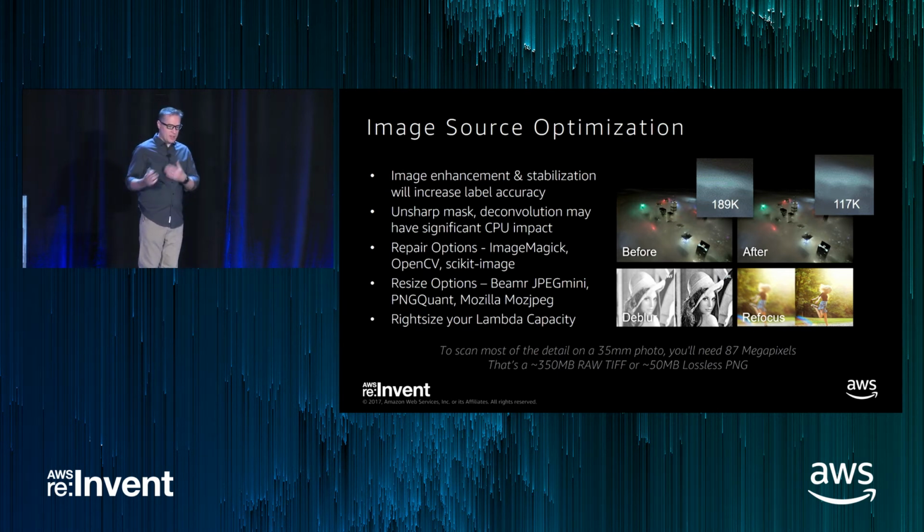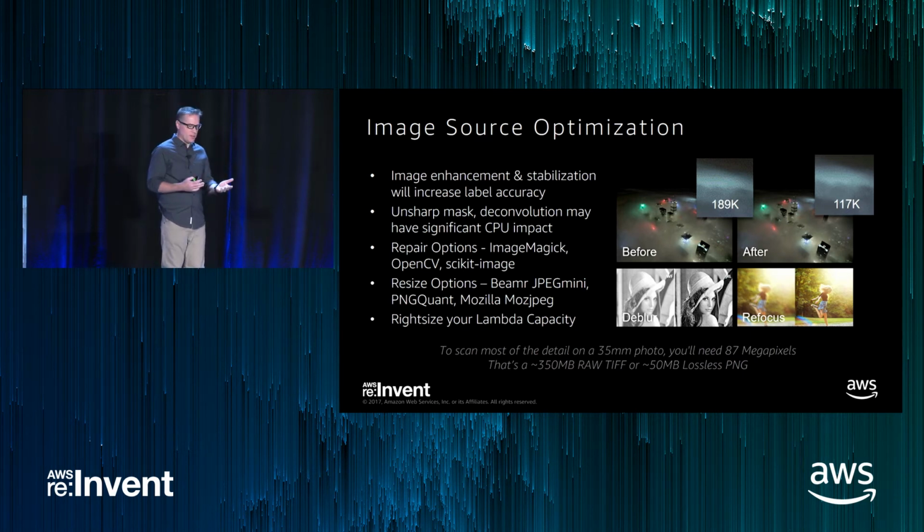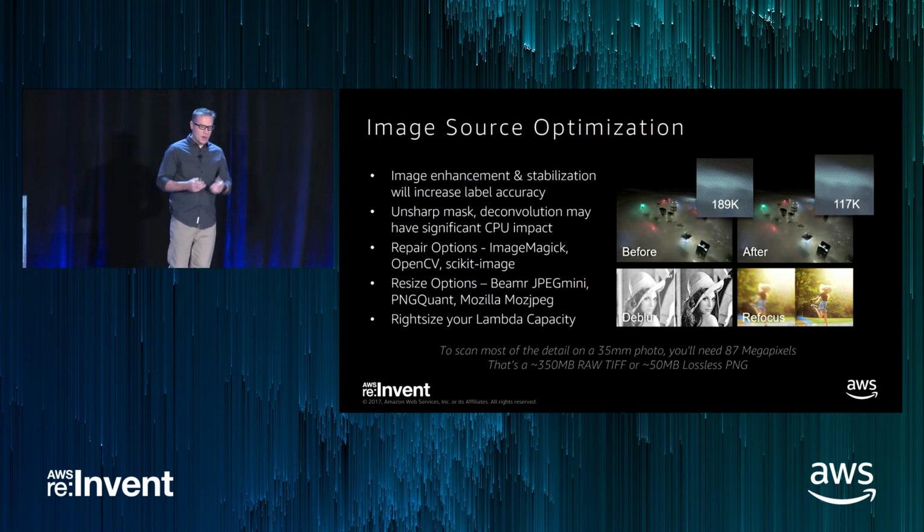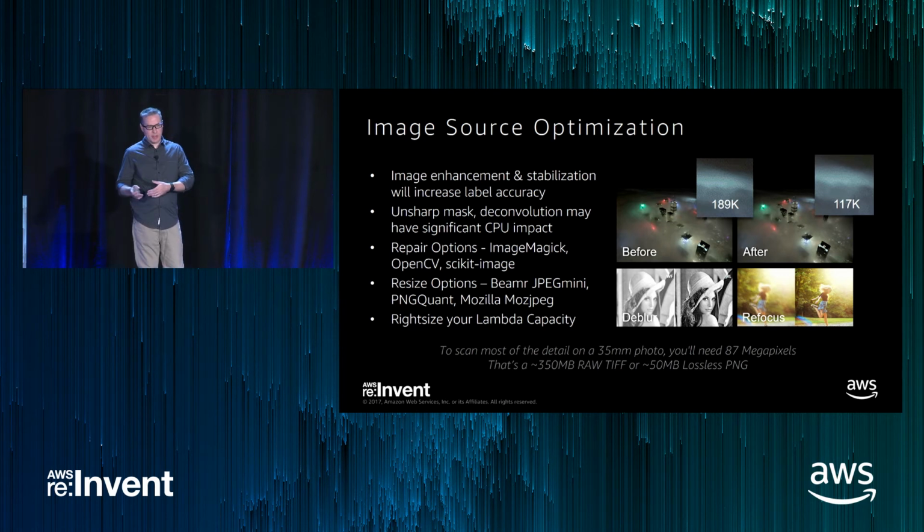One way this can be done, or there are a number of ways to do this, which we almost consider now to be best practices because we see so many customers doing the same thing, is to stabilize the image. We can use ImageMagick filters. We could use binaries that are encapsulated with Lambda.